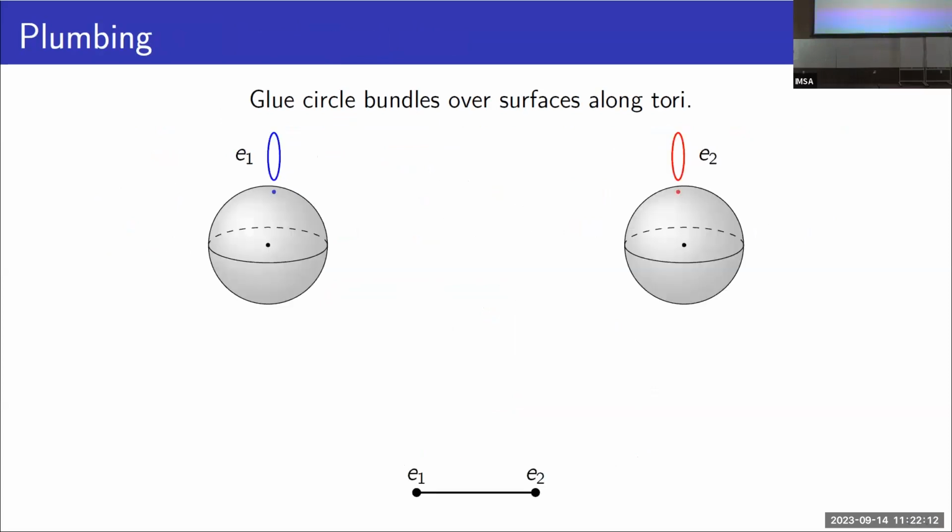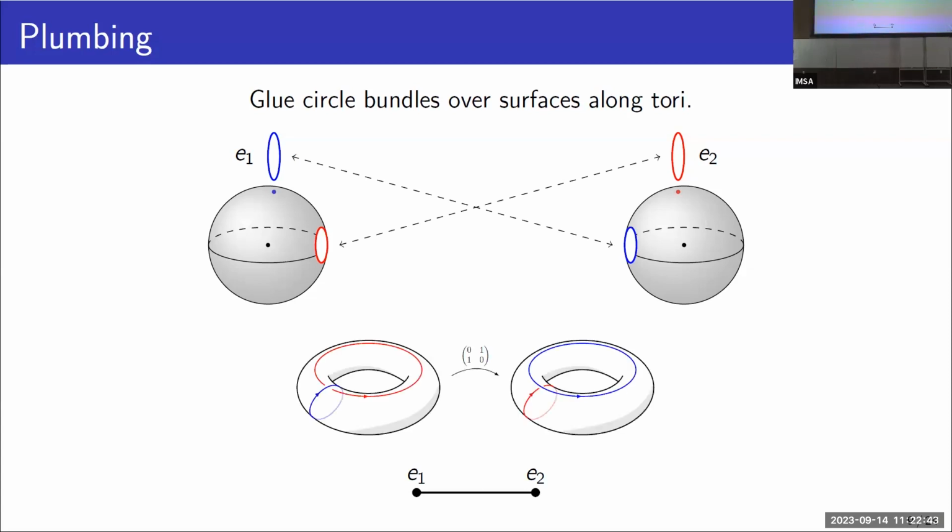Plumbing is a topological construction where you start with some two-dimensional real surfaces, and you have circle bundles over them, and then you can glue them in a funny way. So you take a circle in the fiber and a circle on the surface, and then the product is a torus, and you glue the circle in the boundary of the surface with the fiber, and the other way.